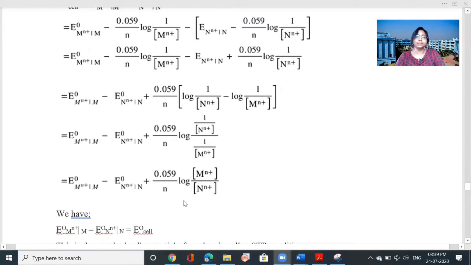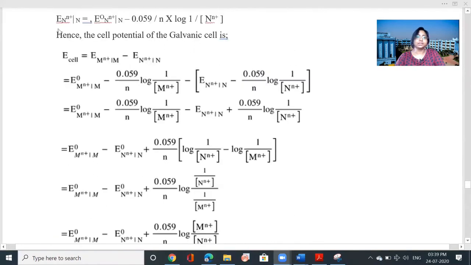Ultimately you get the final equation, that is the E cell.